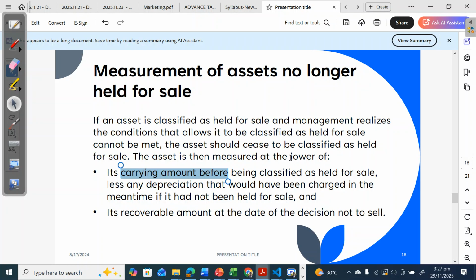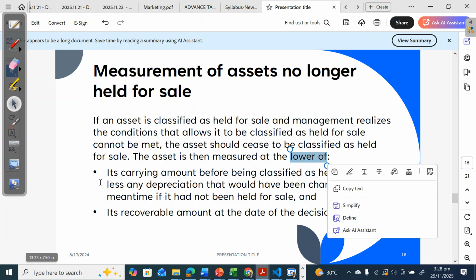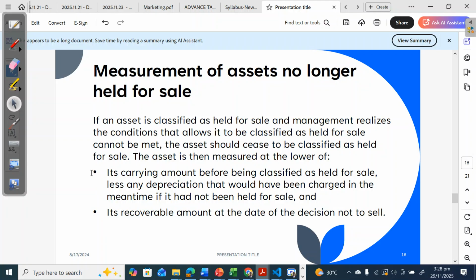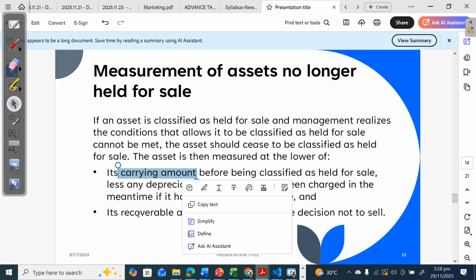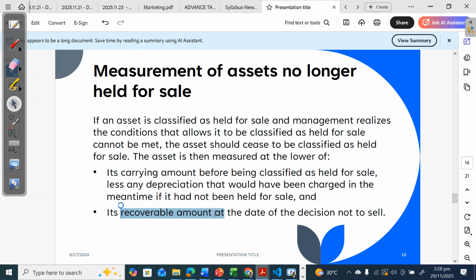But it is also giving us two figures to use. We should use the carrying amount and its recoverable amount, and we should use the lower.